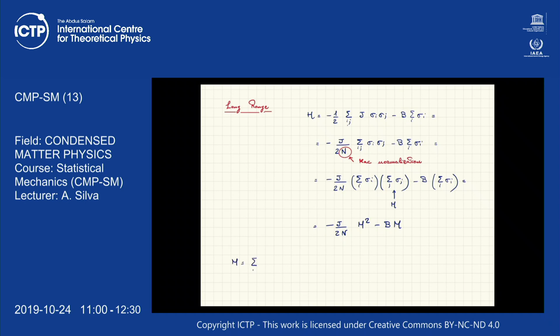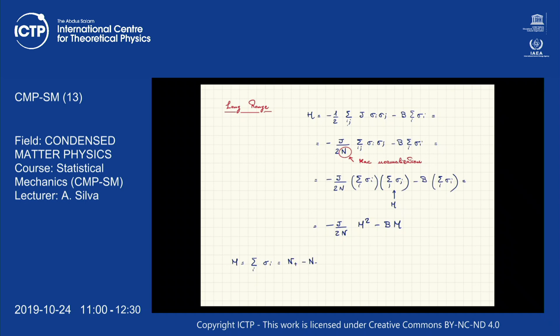M is the sum over i of sigma i. Now, if you think for a second, we already did this calculation some time ago as an example. This is going to be equal to the number of spins with plus magnetization minus the number of spins with negative magnetization, and nothing else.